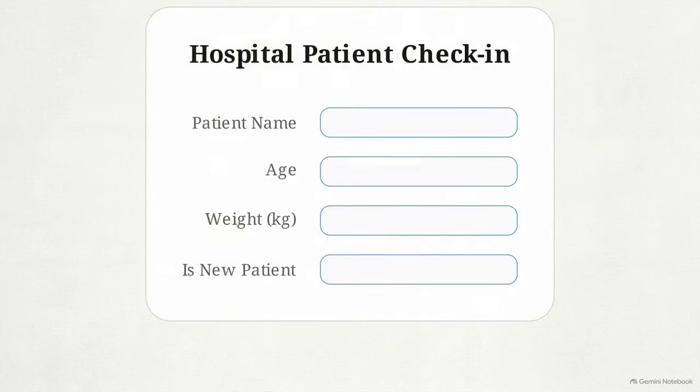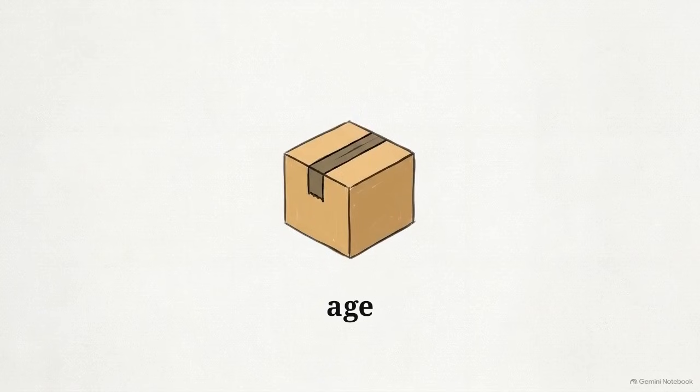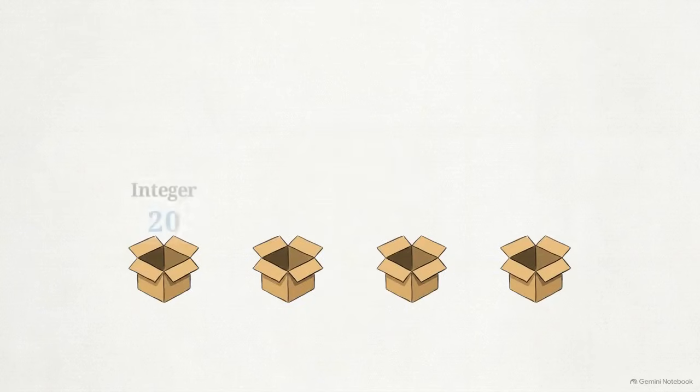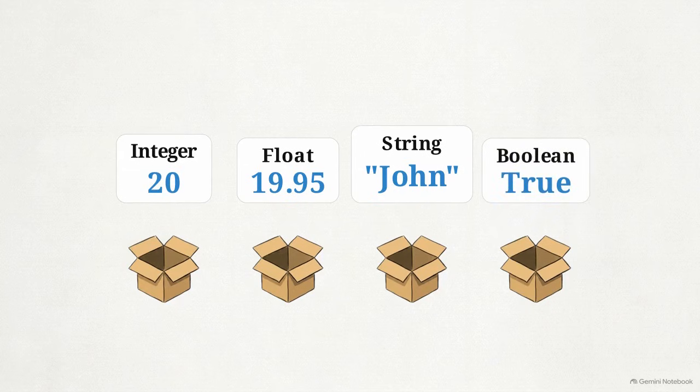If we want to build a useful program, like a check-in system for a hospital, the computer needs a way to remember information, like a patient's age. We use a variable. Think of it as a simple storage box. Inside, we store 4 basic data types: whole numbers, called integers, decimals, called floats, text, called strings, and true or false answers, called booleans.